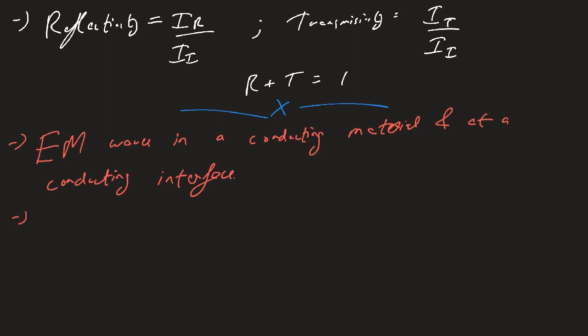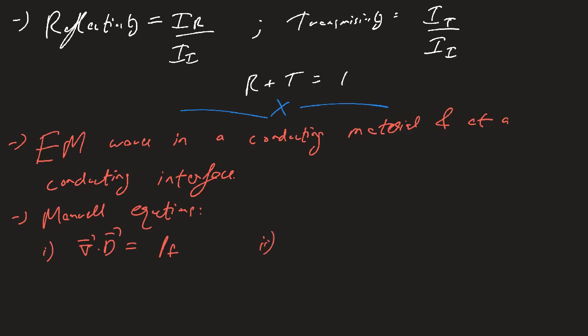So the relevant Maxwell equations inside a conductor would of course be that the divergence of the displacement is equal to the free charge. We'll call this equation 1.